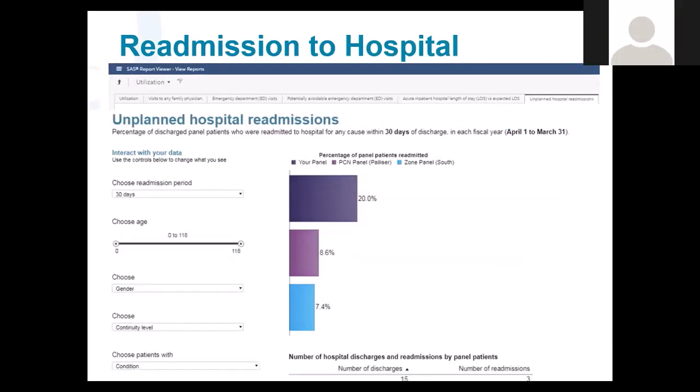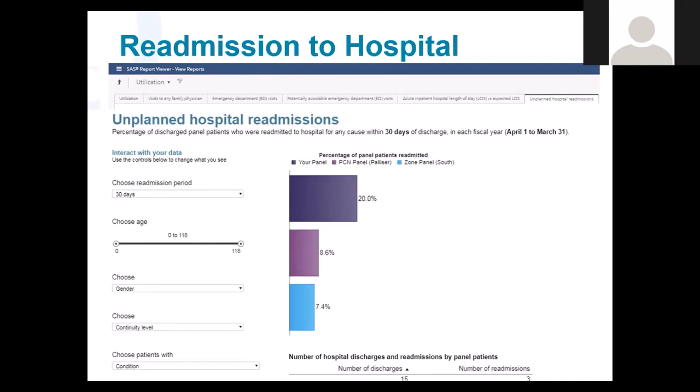This is another new measure, which is the readmission to hospital. And you can change your readmission period. These are people who have been in hospital and then have been discharged. This is looking at those who get readmitted back to hospital within 30 days of their discharge.